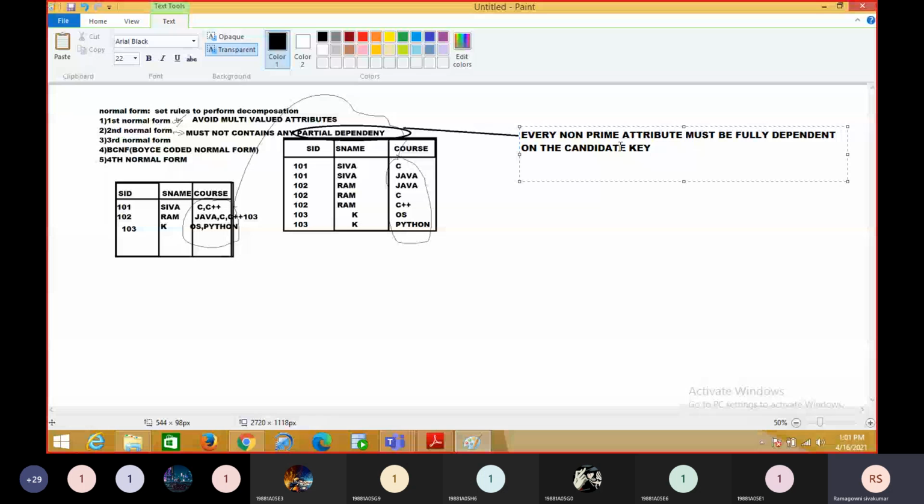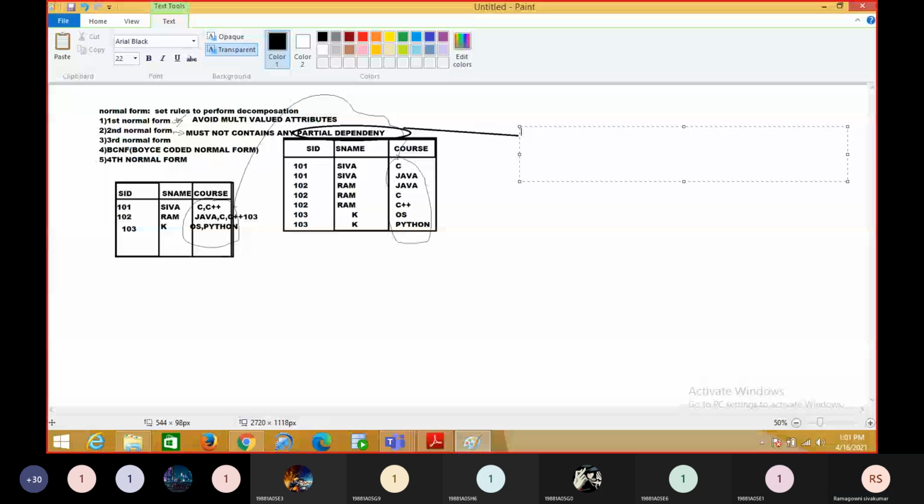That means fully dependent on that candidate key. Understand it with an example, then you can understand easily.